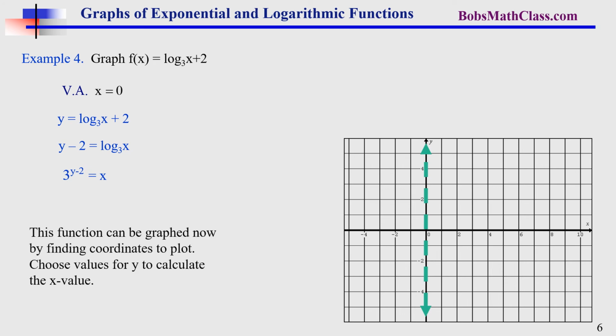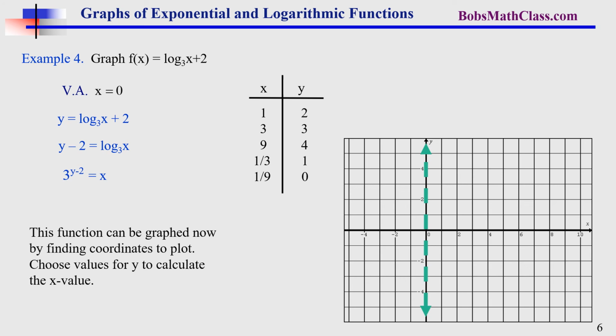So when you make your table, again, pick points for y to calculate the x value. For my y, I'm starting with the number 2 because 2 minus 2 is 0. So that's the key number to choose, is 2. Because you get 0, and then we're going to pick some numbers to the right of 2 and to the left of 2. So I picked 3 and 4, 1 and 0, plugged them in, worked it out, and those are the values I got.